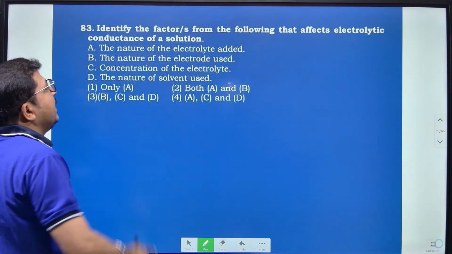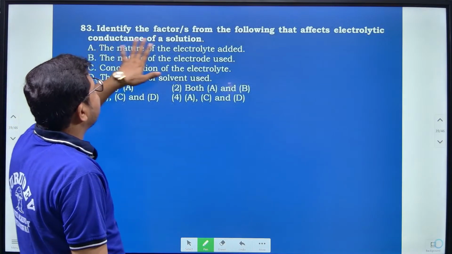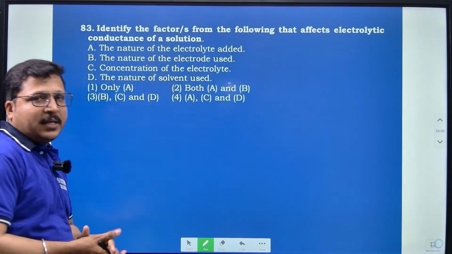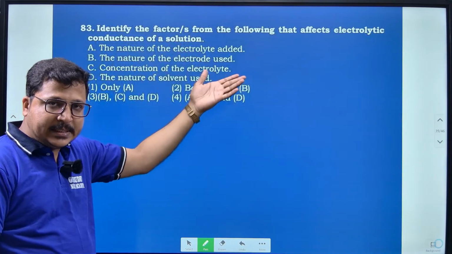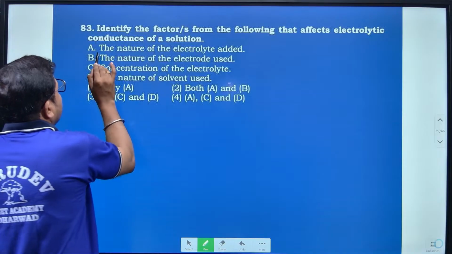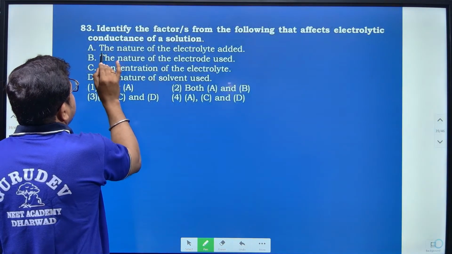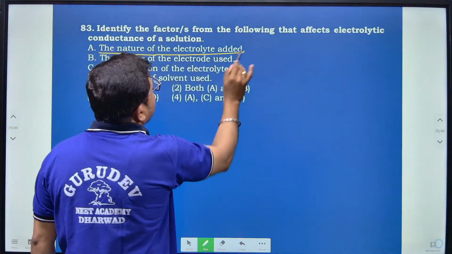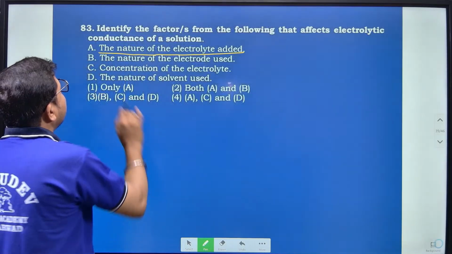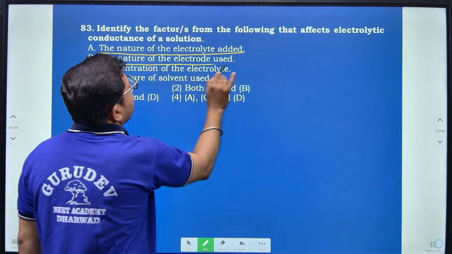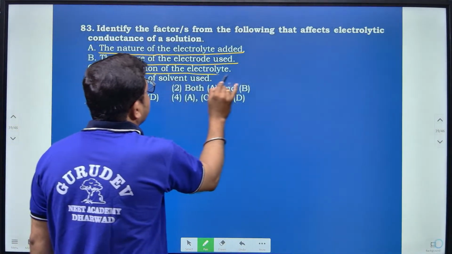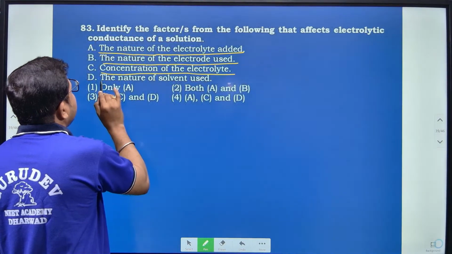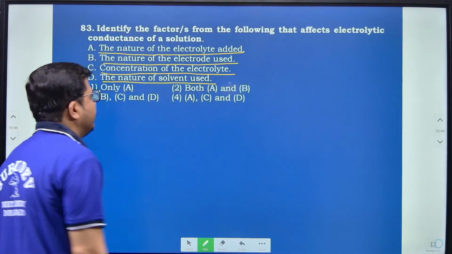The nature of the electrolyte. Conductance of a solution, here meaning the electrolytic conductance. What affects the conductance of the solution? A is the nature of the electrolyte added, B is the nature of the electrode used, C is the concentration of the electrolyte, D is the nature of the solvent used.